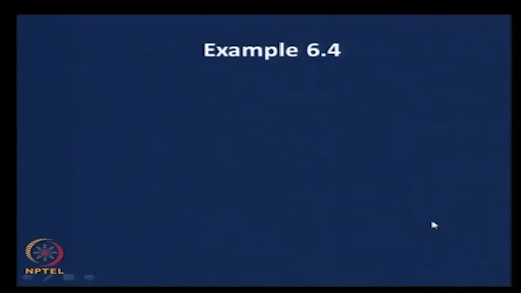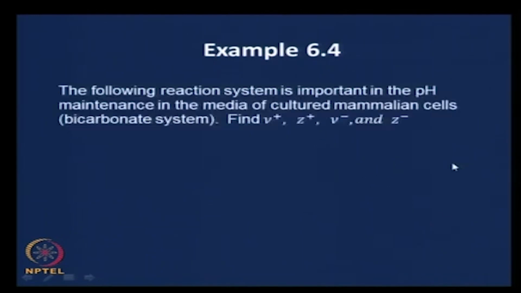To understand the terminology a little better, let us work out an example in the same fashion that we have been doing so far. For that, let us consider a relevant system here. The following reaction system is important in the pH maintenance in the media of cultured mammalian cells, bicarbonate system. See, for example, you may have come across mammalian cell culture.